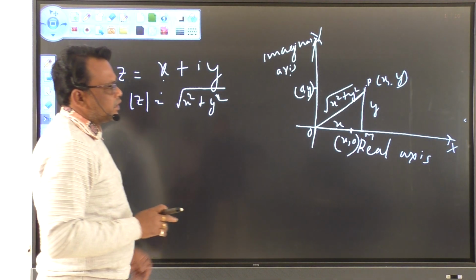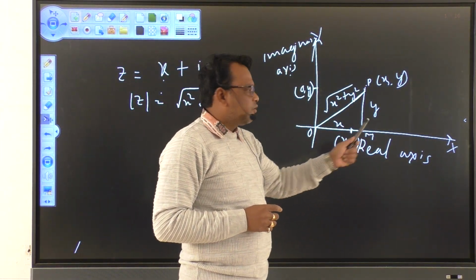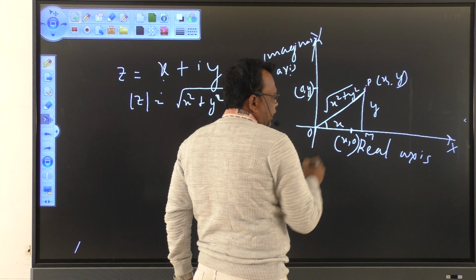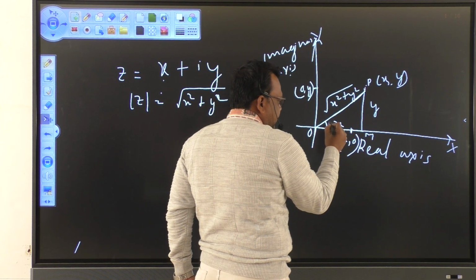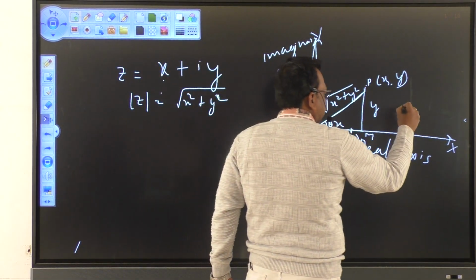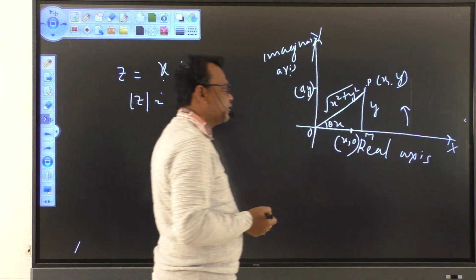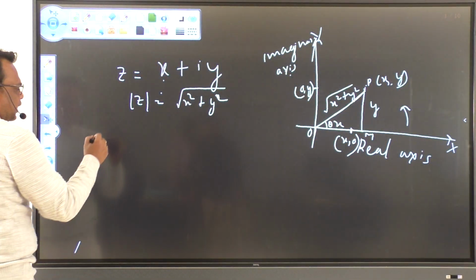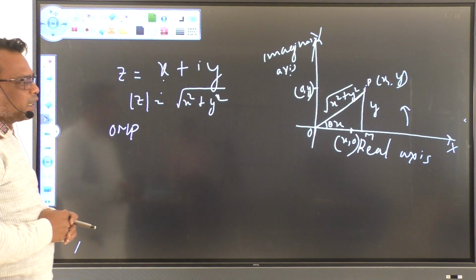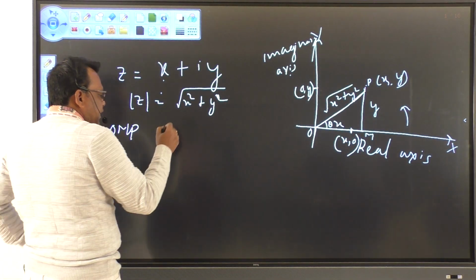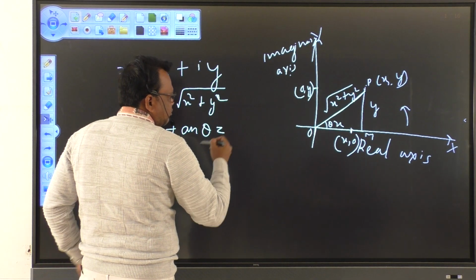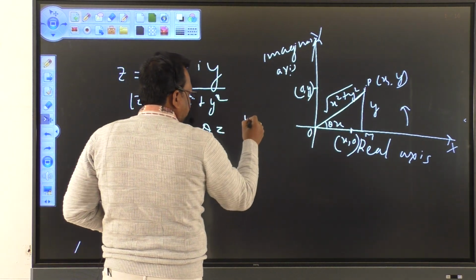So we will discuss the trigonometric form. Let the angle that the line OP makes with the real axis be theta, measured in the positive direction, that is, anticlockwise. This is theta. In the right angle triangle OMP, can I write tan theta is equal to y by x?